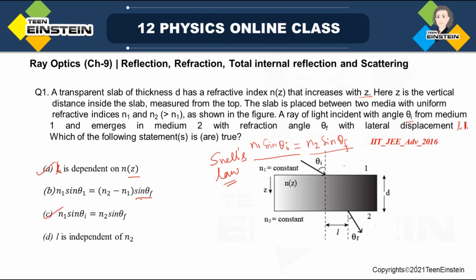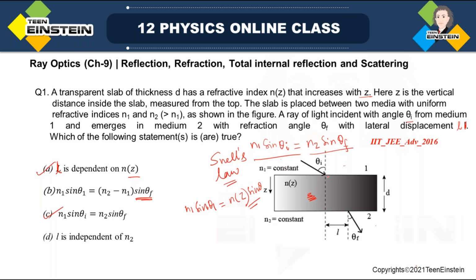But this option, n2 minus n1 into sine theta f, this is not correct. If we want to write Snell's law, we could have written n1 sine theta 1 and some nz. Actually, this nz is not n2 minus n1, so that is not the way. We can write for this particular medium nz into sine of some other angle.